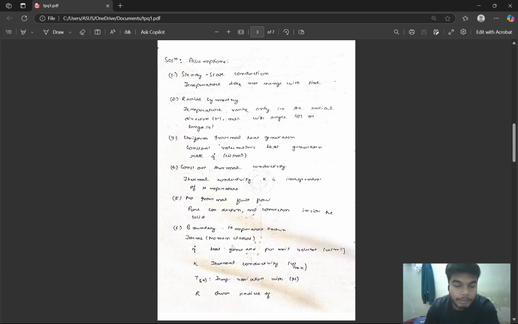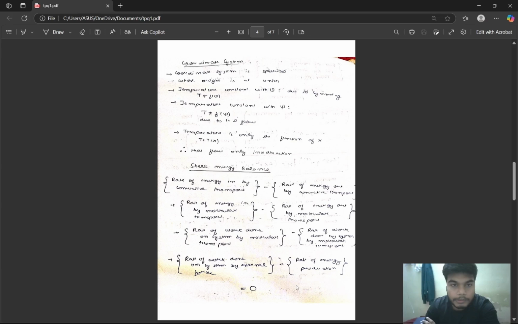Sixth, boundary temperature. The terms are Q, heat generated per unit volume, watt per meter cubed; K, thermal conductivity, watt per meter Kelvin; and the temperature, which varies at r, the radius of the sphere. Now the coordinate system. The coordinate system is spherical, whose origin is at the center.